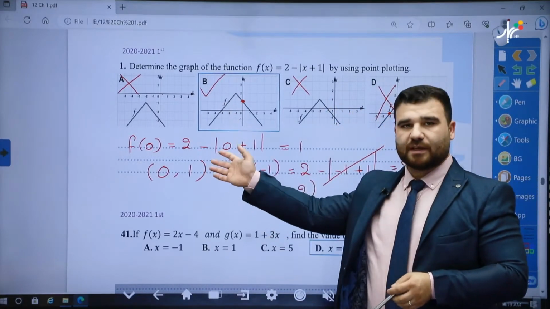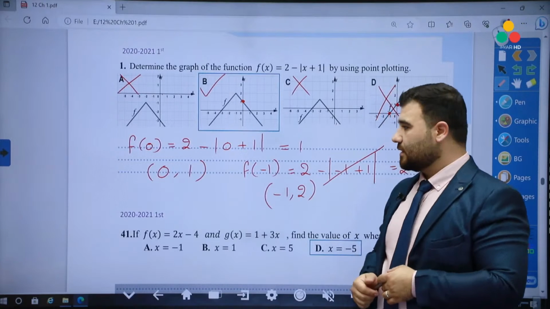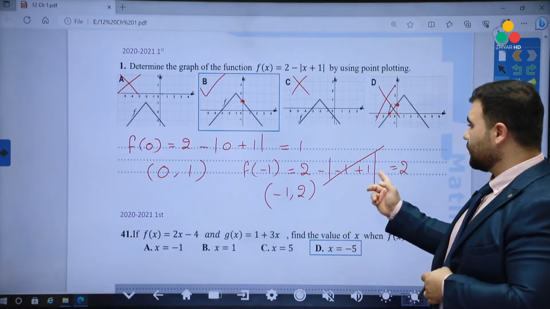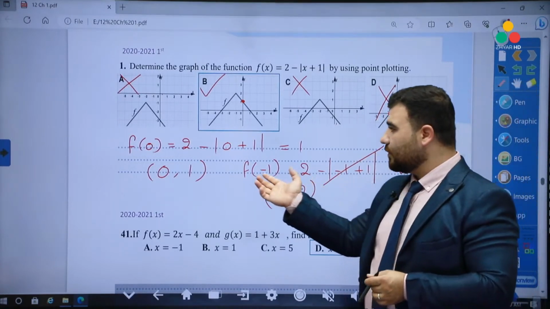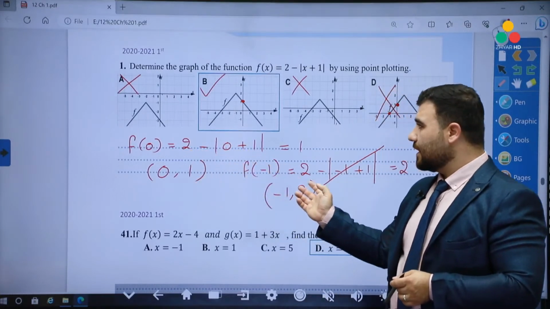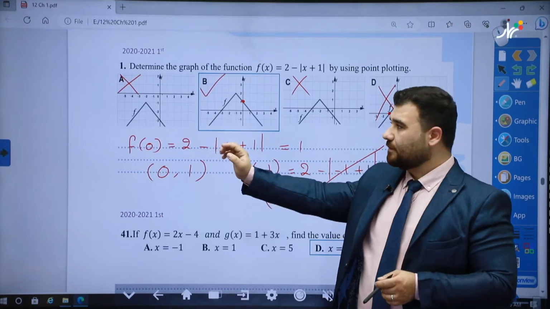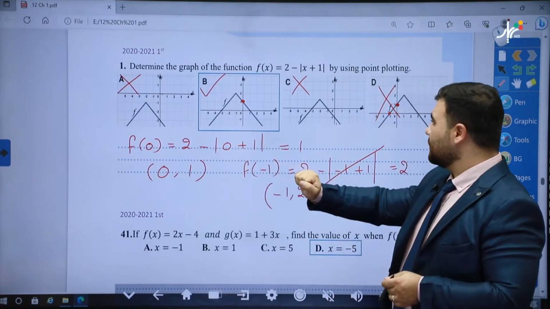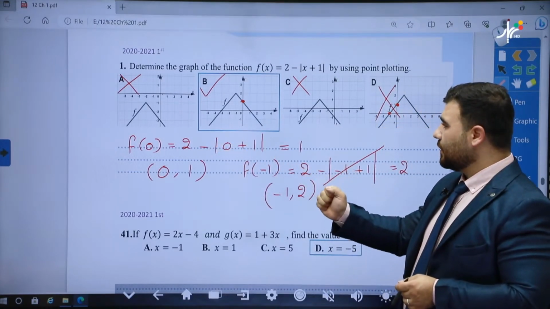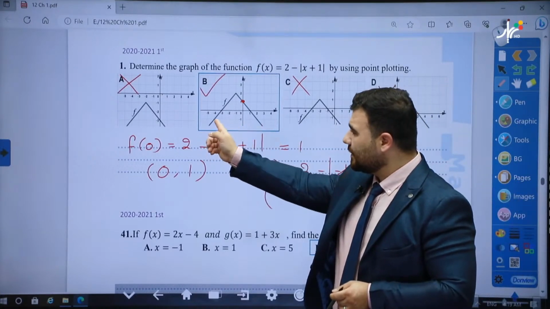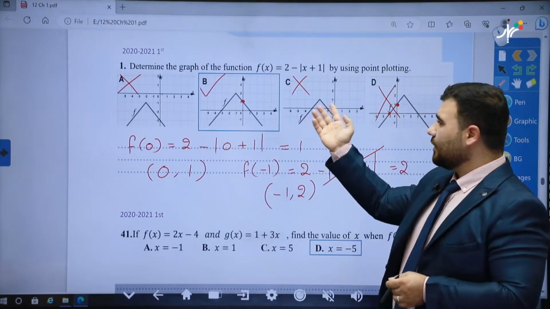Sometimes by 1 point we can directly find the graph. Sometimes we need 2 points to make sure. In order to avoid that, when taking 2 points, take a point that's farthest from 0. For example, if I chose negative 4, then I would get negative 1. There is negative 1 in more than one graph, so I would need another point.